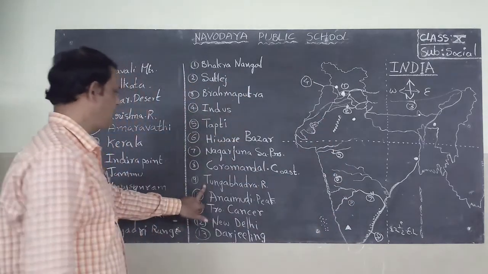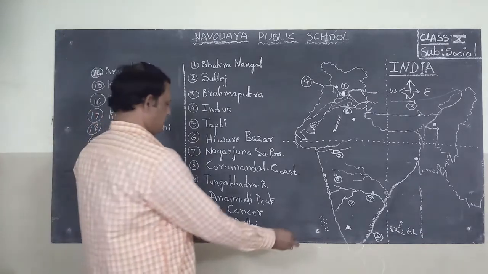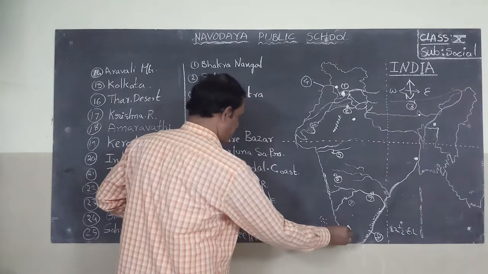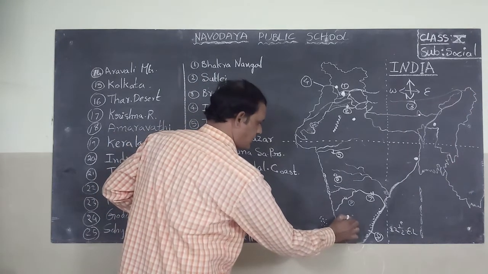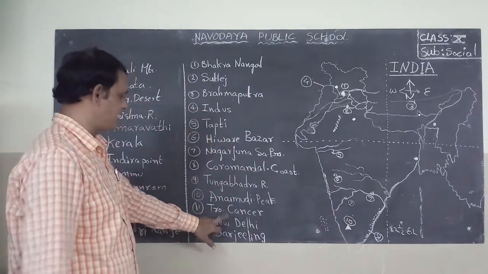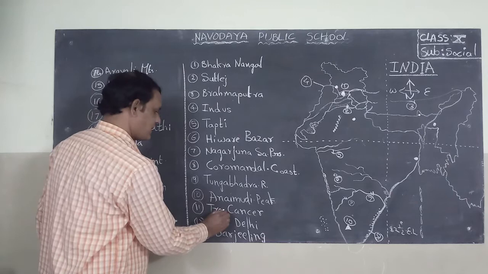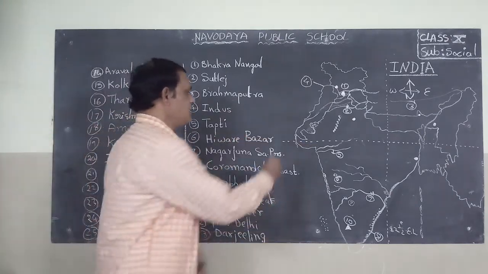Anaimudi peak. In South India it is the highest peak. So this is the Anaimudi peak, number 10. Next one, Tropic of Cancer. It passes through our country at 23.5 degrees north latitude. This is called the Tropic of Cancer.